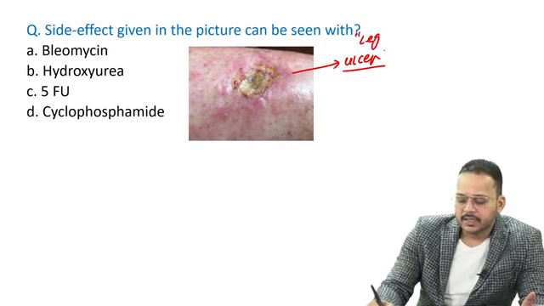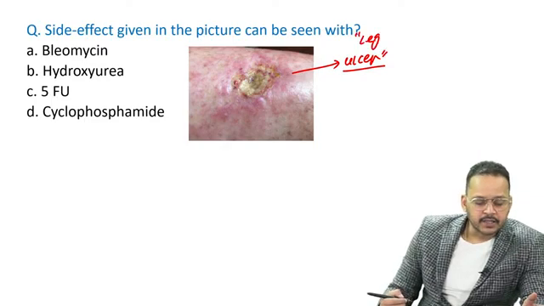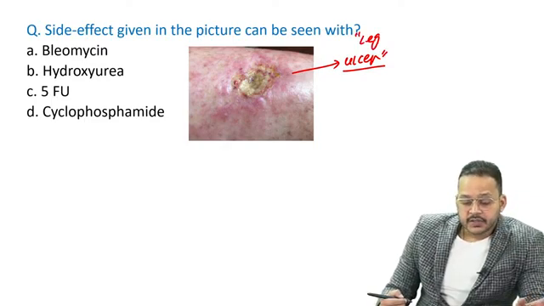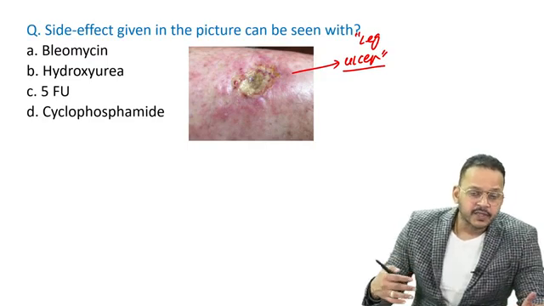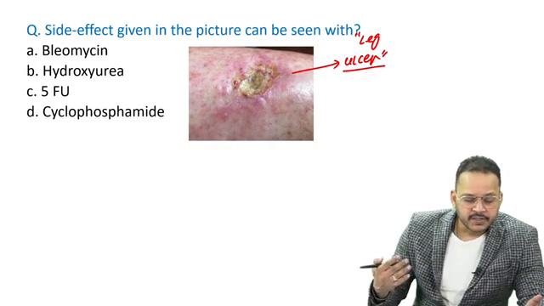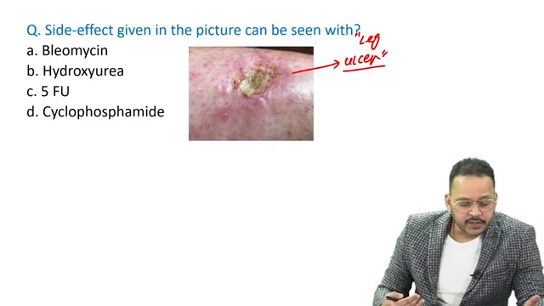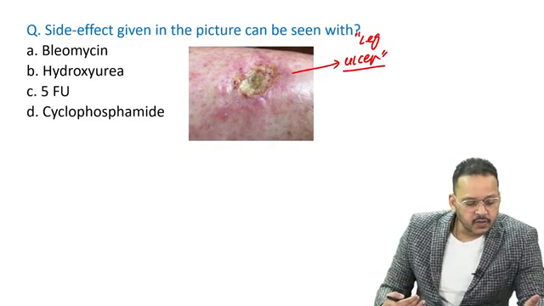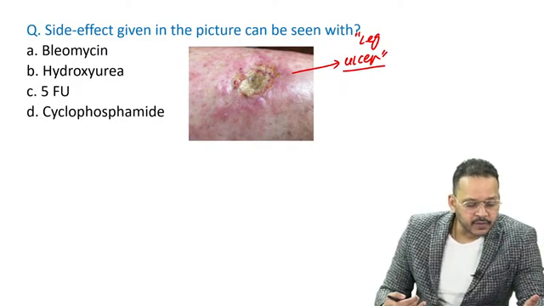It is a leg ulcer, right? Leg ulcer is a side effect. So they're asking which drug can cause a leg ulcer. Is it bleomycin? Hydroxyurea? 5-fluorouracil? Or cyclophosphamide? What do you think, guys? A, B, C, or D?